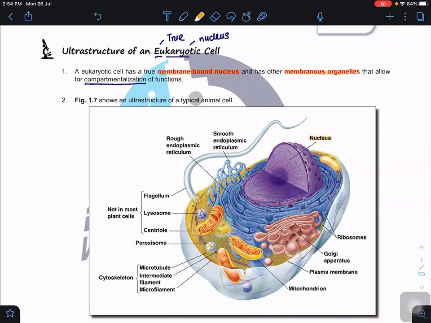We're going to start with the nucleus in our syllabus. Second, followed by the structures nearest to the nucleus, the rough endoplasmic reticulum and the smooth endoplasmic reticulum. Then followed by what? Can you see that? Nearer to the rough ER, we'll have our Golgi apparatus.